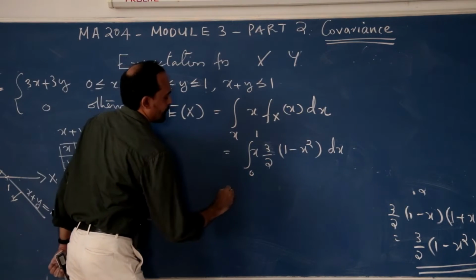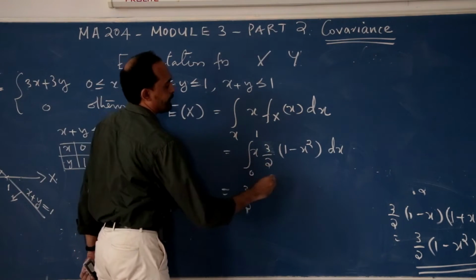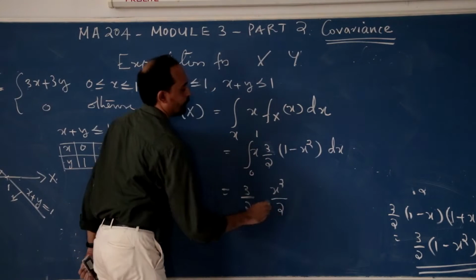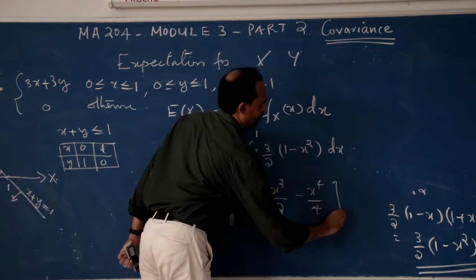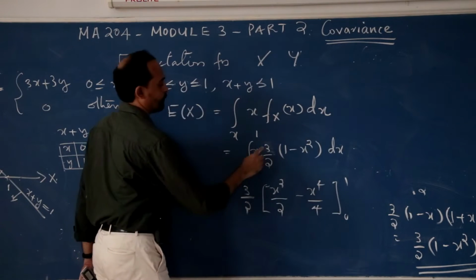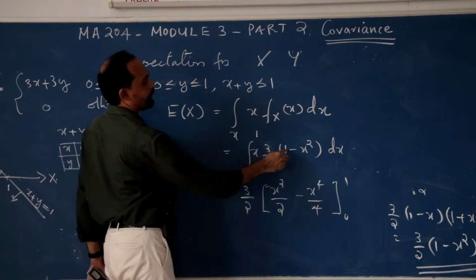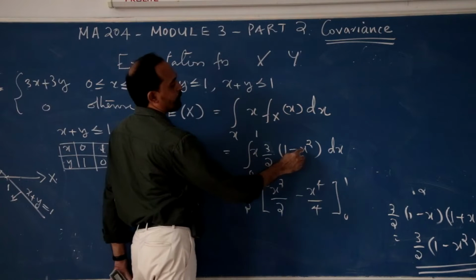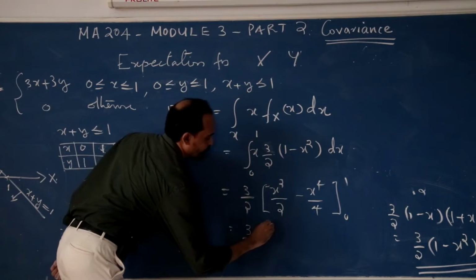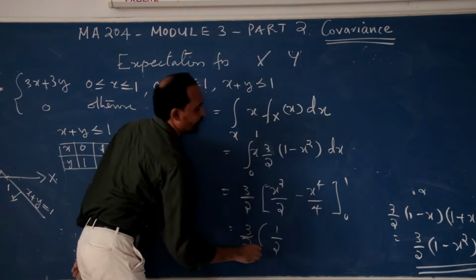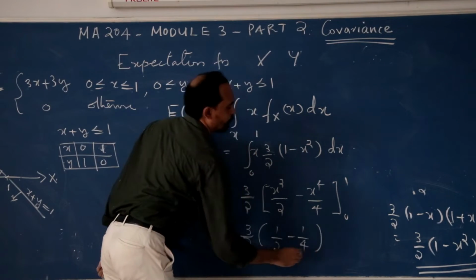3/2 is a constant. Integrating x minus x cube: integral x dx is x square by 2, integral x cube dx is x raised to 4 by 4, varies from 0 to 1. That is equal to 3/2 into 1/2 minus 1/4.